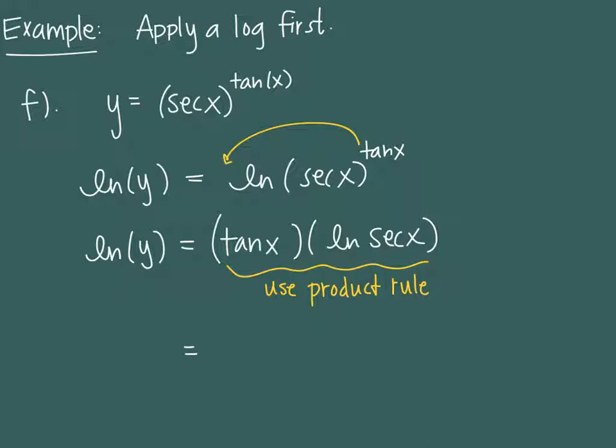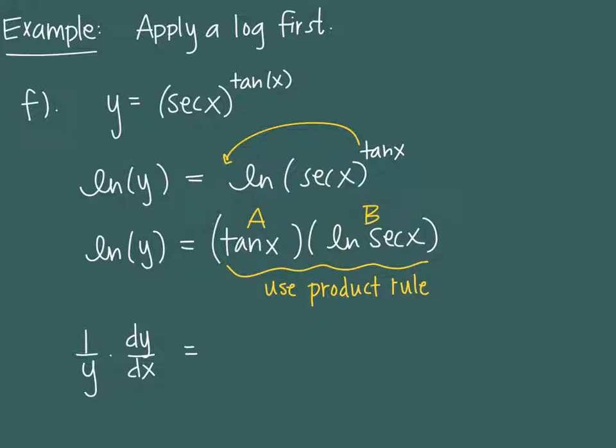On the left side, we're just going to use the regular logarithm rule like we've learned, which is the reciprocal times the derivative. And so the reciprocal would be 1 over y, and the derivative would be dy dx. On the other side, I'm going to use the product rule. Okay, the product rule is going to have me identify an a and a b, so I'll have part A, I'll have part b.